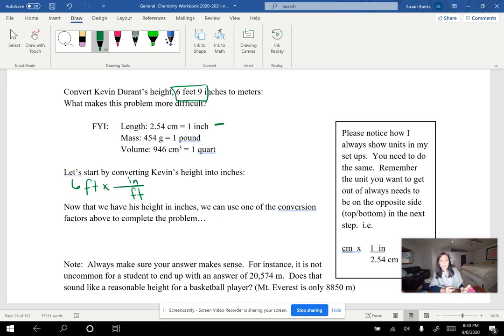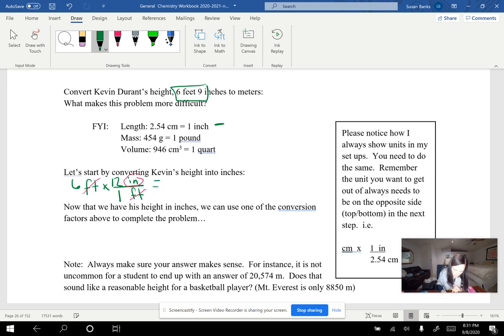Hopefully you remember that in 1 foot, there are 12 inches. This way, my units of feet cancel, and I am left with inches.